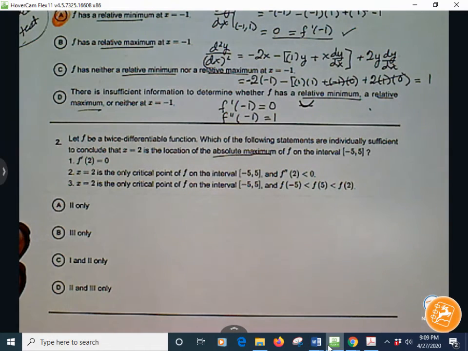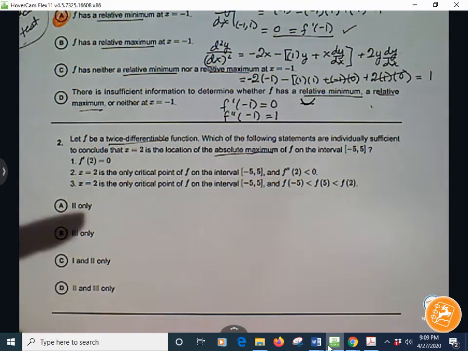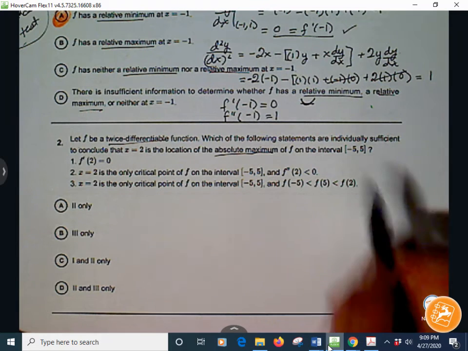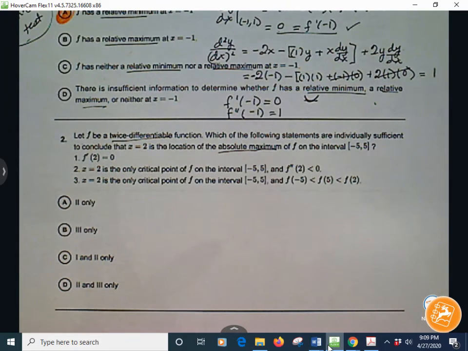All right, first, before I continue, twice differentiable. What does that mean? If the function is twice differentiable, that means that f of x must be continuous on this interval, -5 to 5. That also means that f prime of x must be continuous.